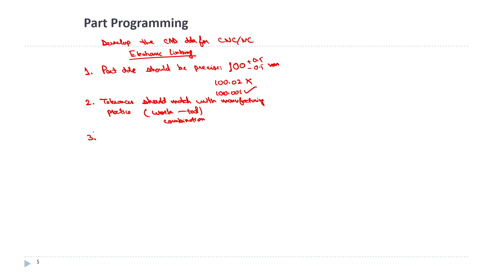Then, separate drawing annotations from the drawing data. Which means we place the annotations, that is the notes and dimensions, and data, that is the geometrical entities, on different layers.